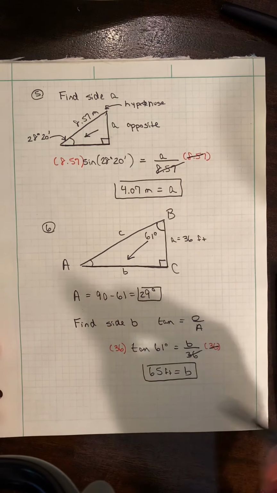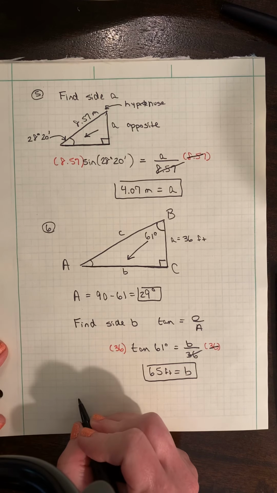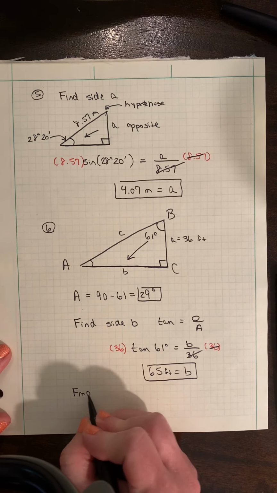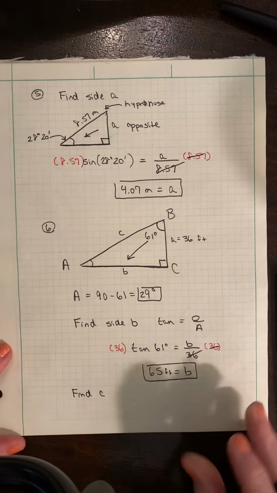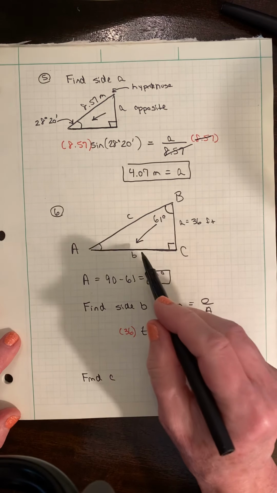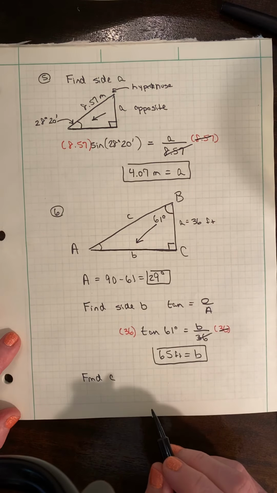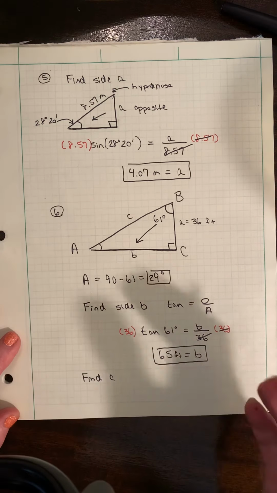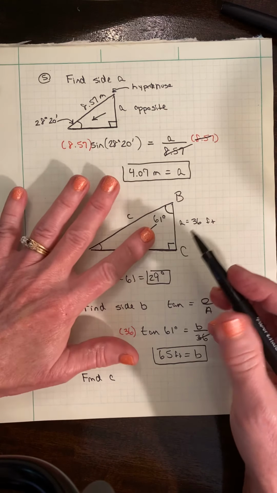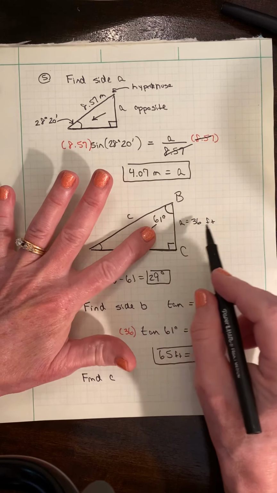Now to get C, you have a couple of choices. You can use one of your trig functions, which I'll do, but you could also use the Pythagorean theorem: A squared plus B squared equals C squared. Well, let's say I want to use my trig ratios, and again, let's use what we originally had to begin with.